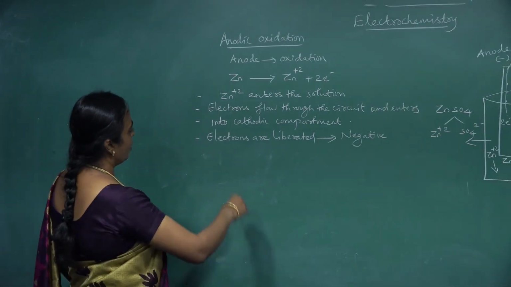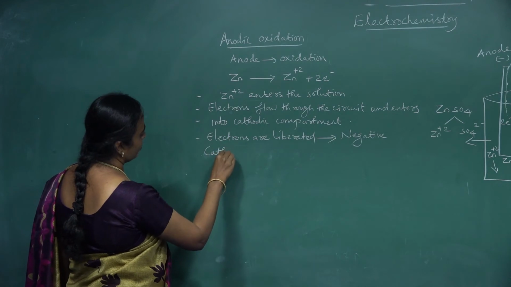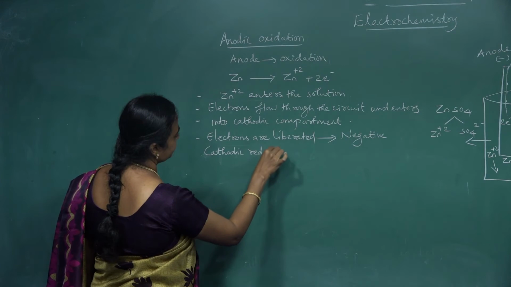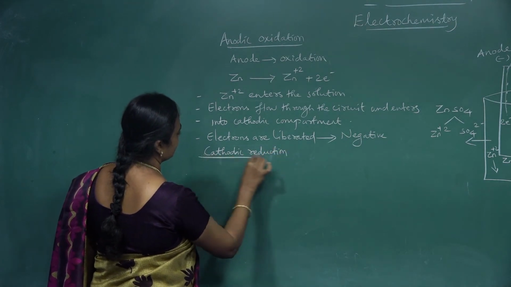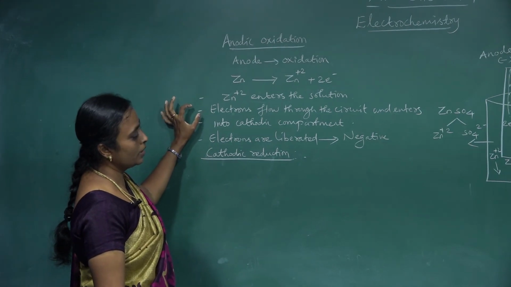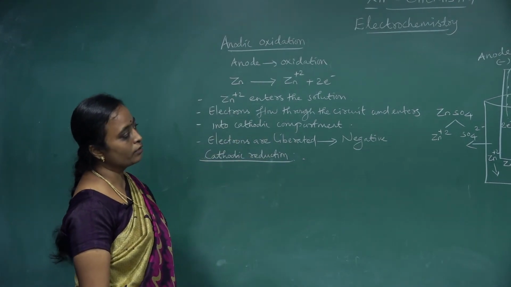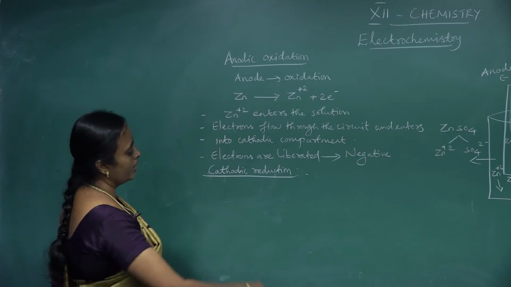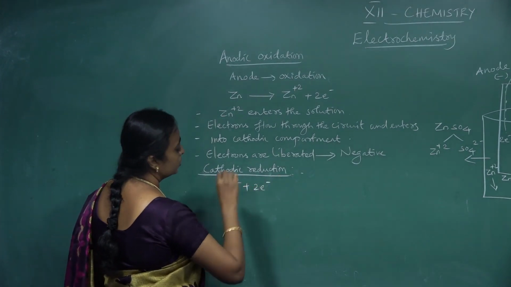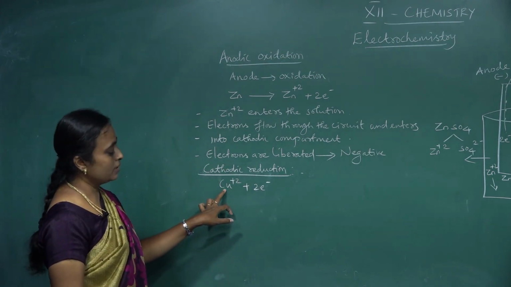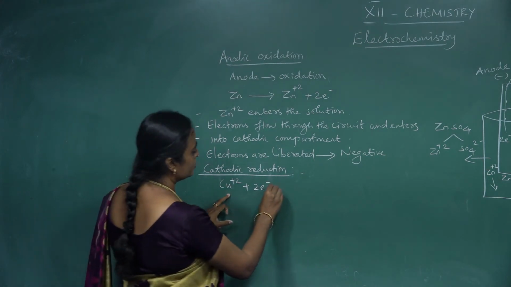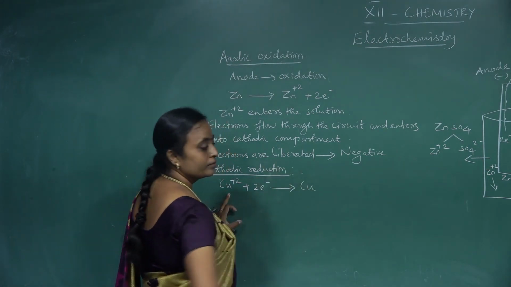And in the same way, what happened at the cathode? Cathodic reduction. Whenever the electrons flow through the circuit and enter into the cathodic compartment, the entered electrons react with the ions present in the cathodic compartment, copper 2 plus, that is reduced into copper.